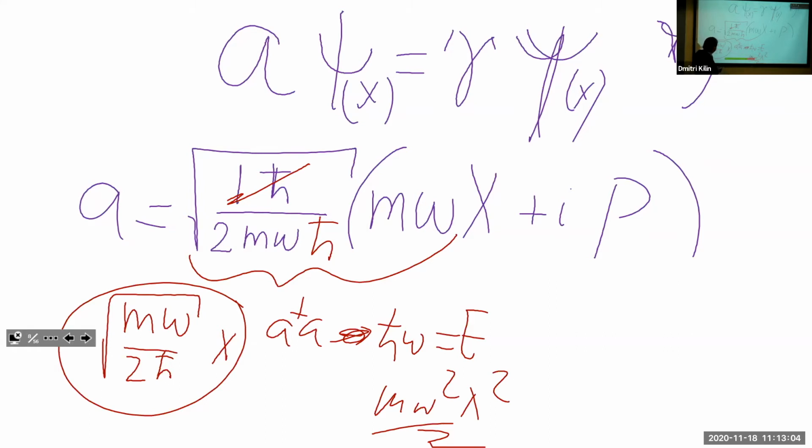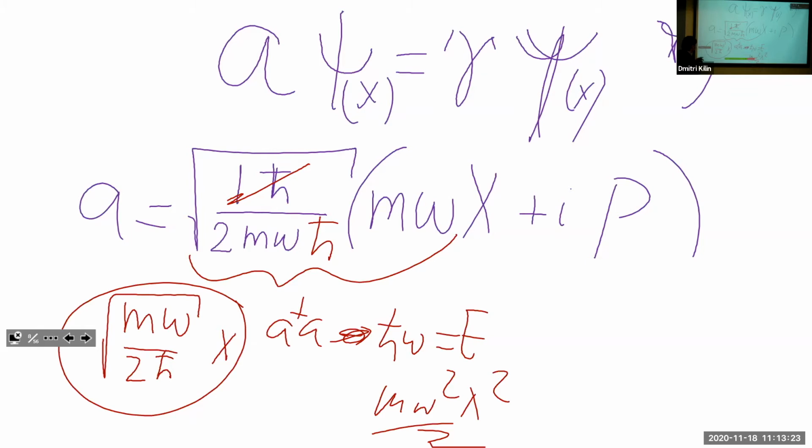So, the annihilation operator is adding together position and momentum, right? And momentum is the derivative over position with h bar and imaginary unit.